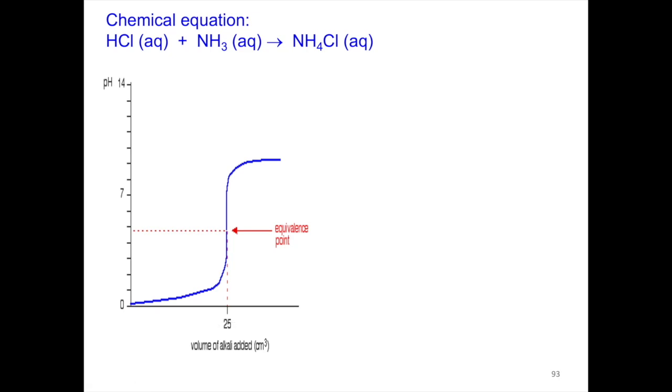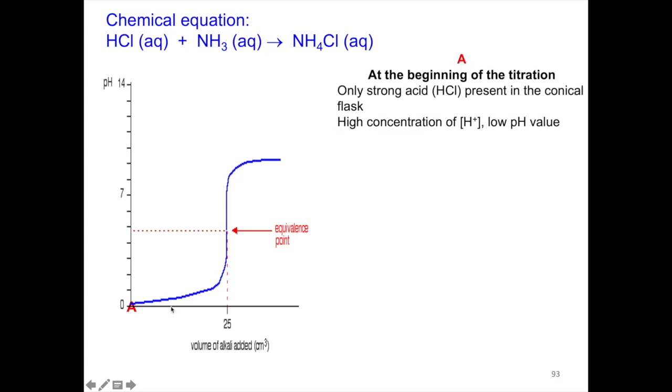Okay, so as usual, there are 4 important points that you need to know, what happened at each point. Point A is the beginning of the titration. There's only strong acid present in the conical flask, and it has a high concentration of H+ and a low pH value. So the pH starts at 0 or between 0 to 1.